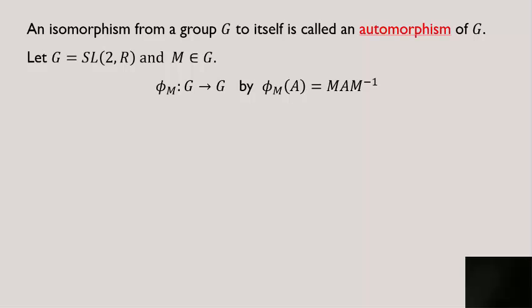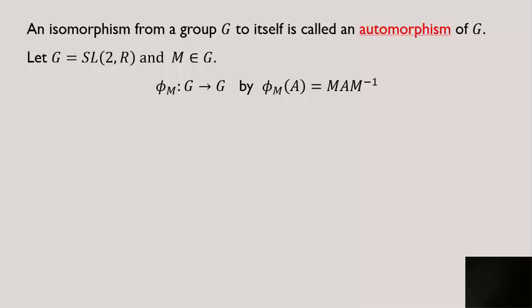Our group will be the special linear group of 2 by 2 matrices with entries from R. In other words, the determinants are 1, and we are going to let M be any matrix in there. The identity matrix wouldn't be very interesting, but I mean any matrix.